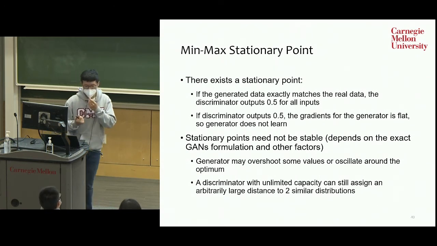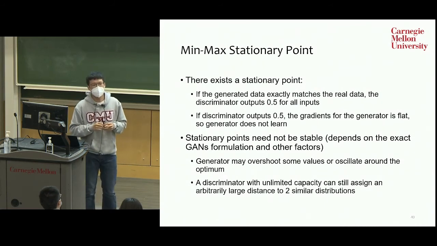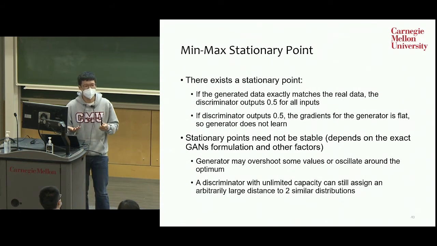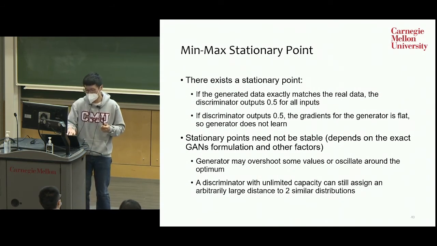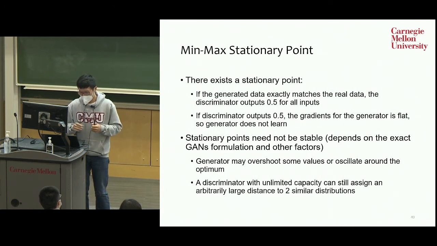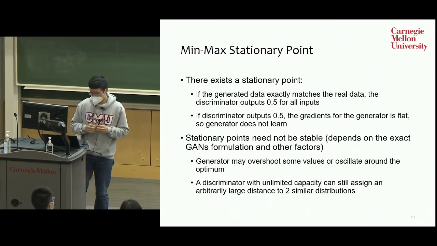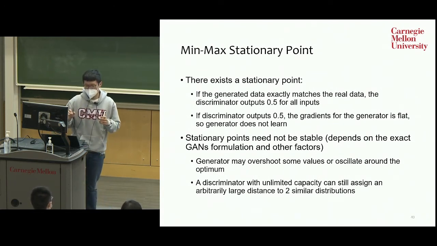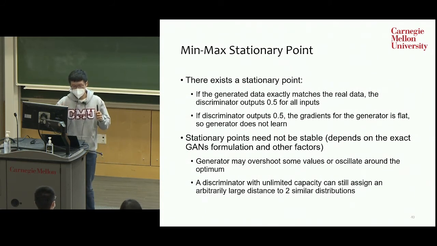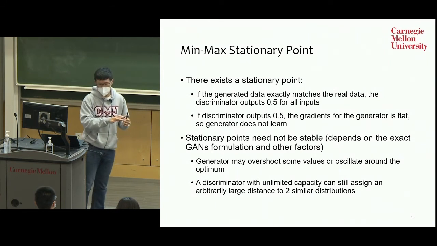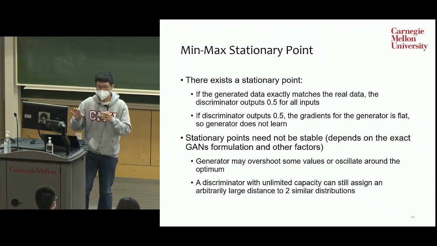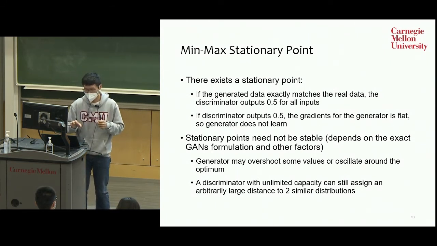The stationary point doesn't have to be stable, because as we know, gradient descent-based optimization is not exact. So the generator may overshoot or oscillate around the optimum. And the second point is interesting: although the ideal discriminator learns the Jensen-Shannon divergence, the actual discriminator that we build would be more complex.